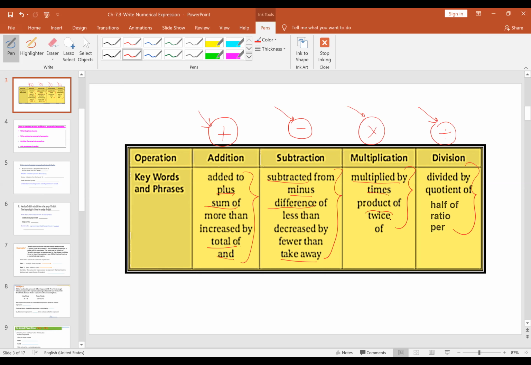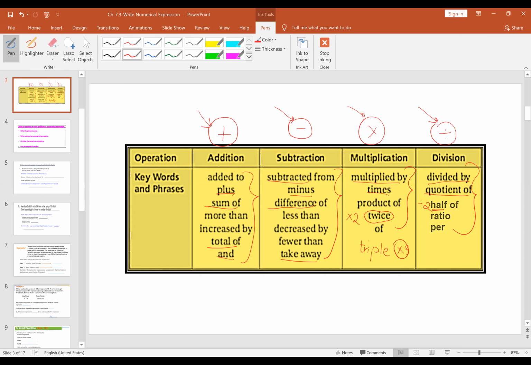Oh, this word twice, it means multiply by 2. Triple means multiply by 3. Divided by, quotient of. Half, it means divide by 2. Ratio and pair. All these words represent the operations that we have right here.